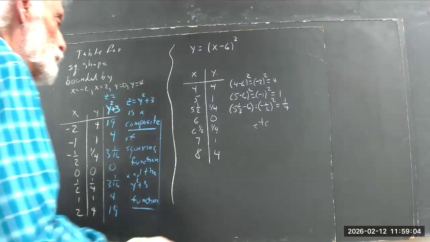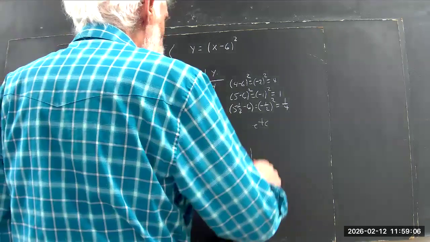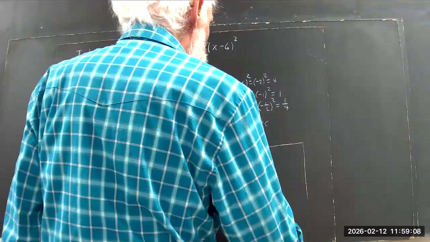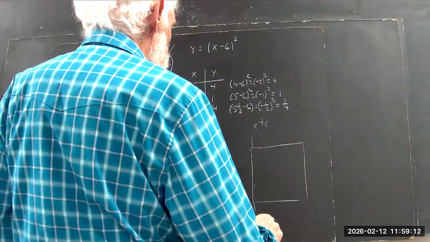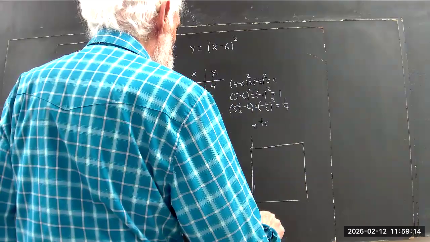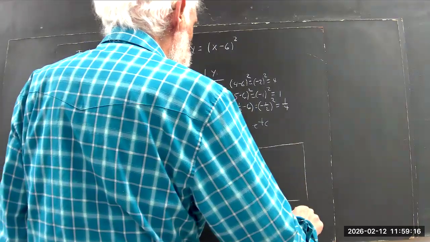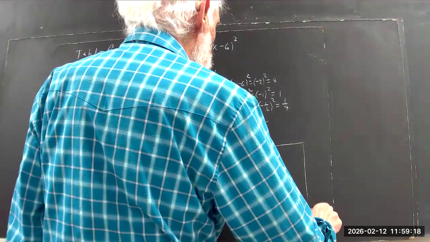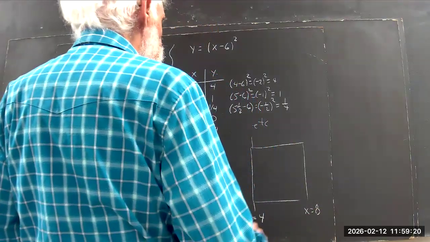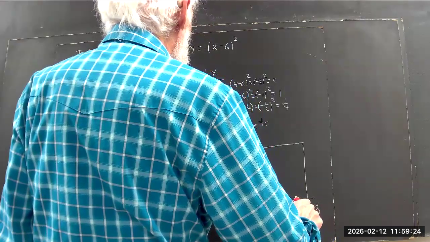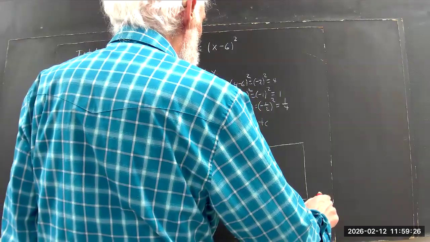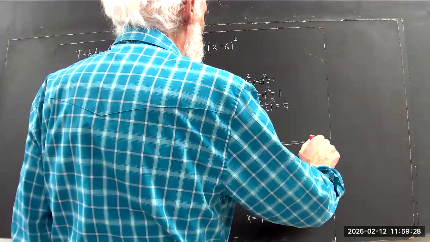Now let's look at what that means in a window from x equals 4 to x equals 8, and y values go from 0 to 4.